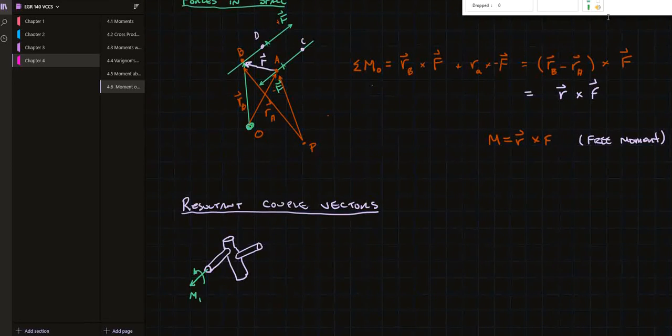Now suppose I have multiple couple vectors here. Well, I can find a resultant couple vector, and it's just M1 plus M2. We can just do vector math on these and get that.